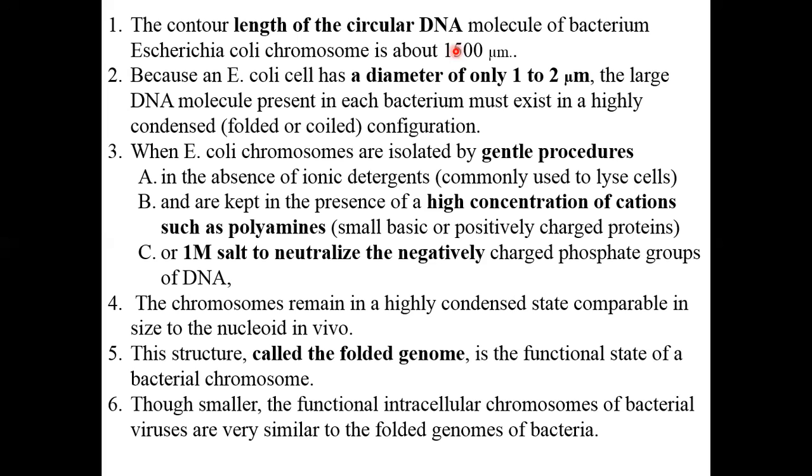This structure, called the folded genome, is the functional state of bacterial chromosomes. Though smaller, the functional intracellular chromosomes of bacterial viruses are very similar to the folded genome of the bacteria.